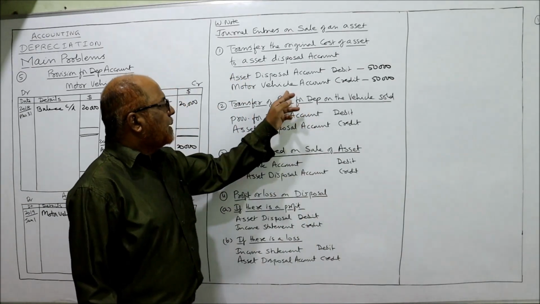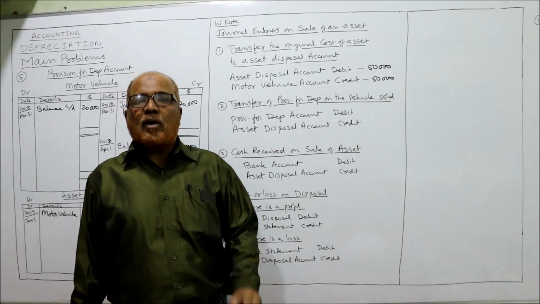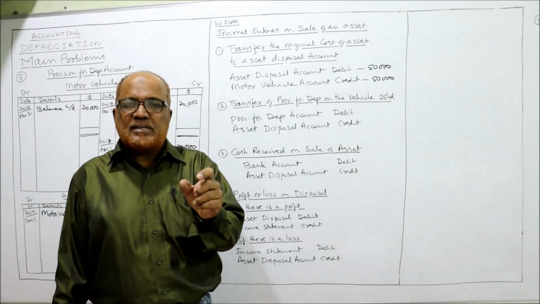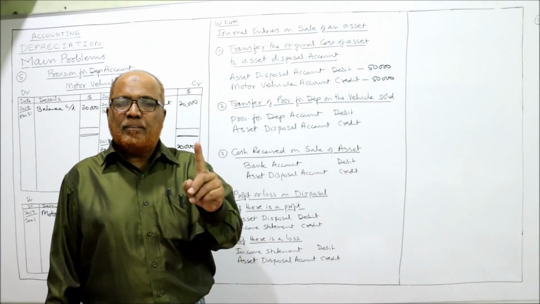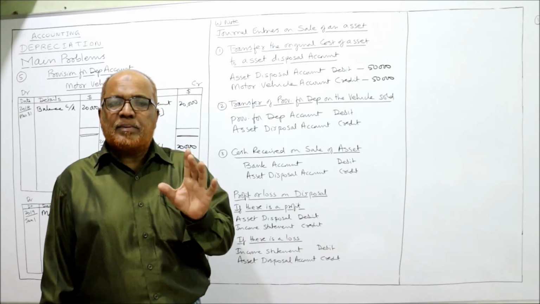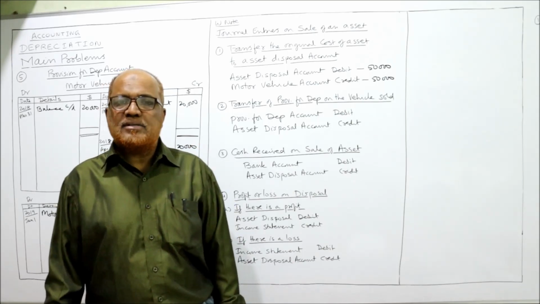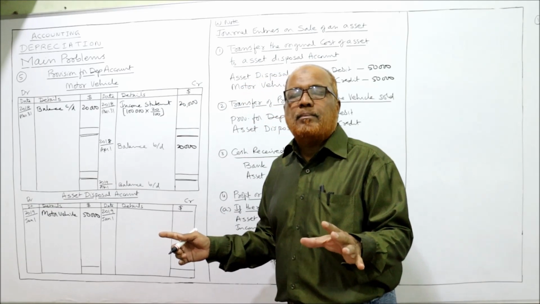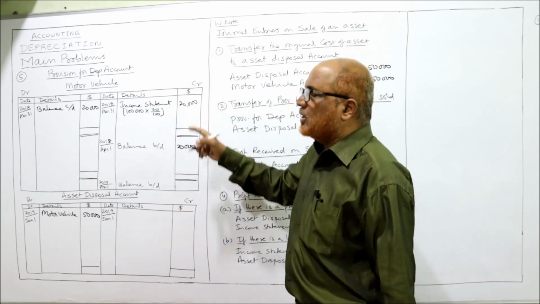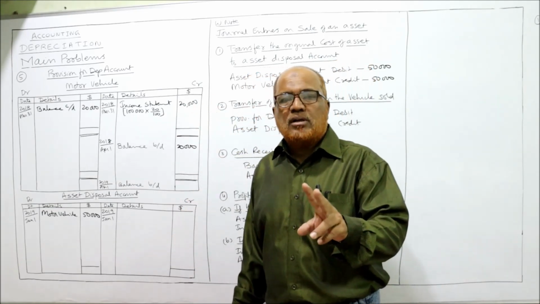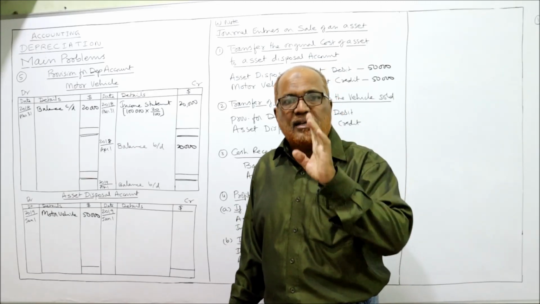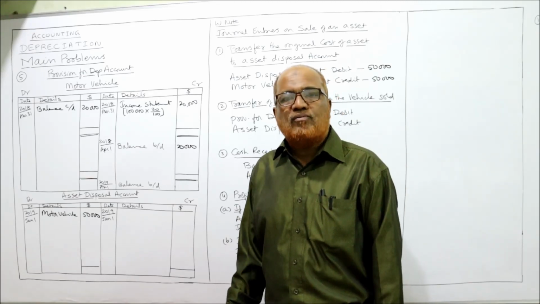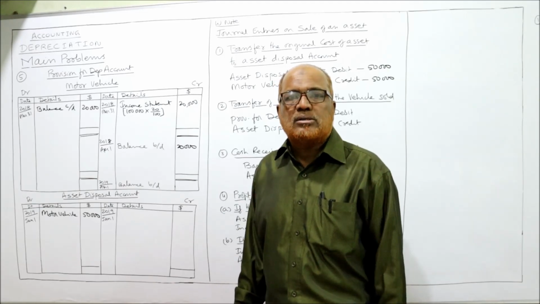First entry done. Now the second entry is provision. The provision for depreciation on that vehicle which was sold. One year depreciation. The rate of depreciation is 20%. So for both the vehicles, depreciation was 20,000. $20,000 is the depreciation on 2 vehicles, but 1 vehicle is sold. So what is the depreciation for 1 vehicle? 10,000.